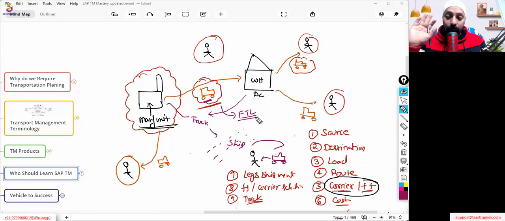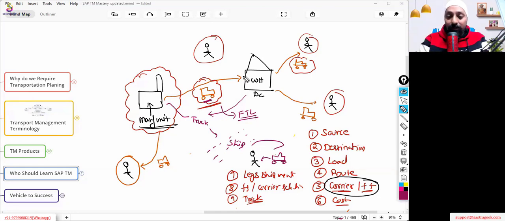I'm talking about one of the Fortune 500 and biggest in its segment company. So transportation cost is a huge cost, and we need to make sure that we optimize this cost. We try to cut that cost.